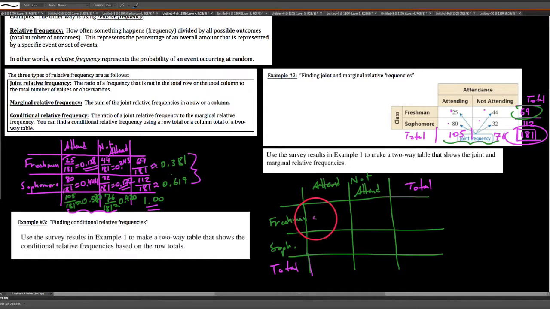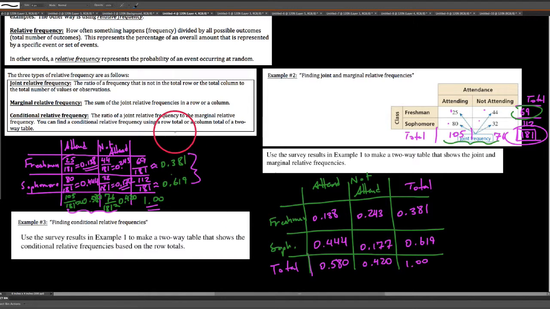We got a 0.138 probability here, a 0.243 probability here, for a combined probability of about 38.1% of the total amount of people. Then over here we have 0.444, and this one here was a probability of 0.177. If we sum those up, we get roughly 0.619. Down here, our marginal relative frequencies look like 0.580, 0.420, and then 100% of the stuff down here.